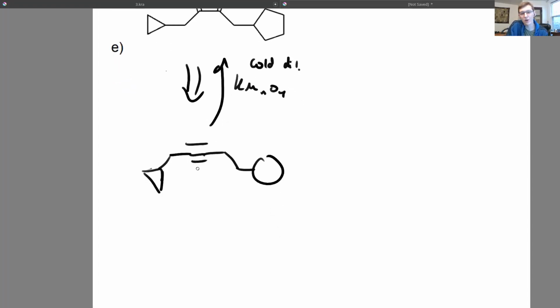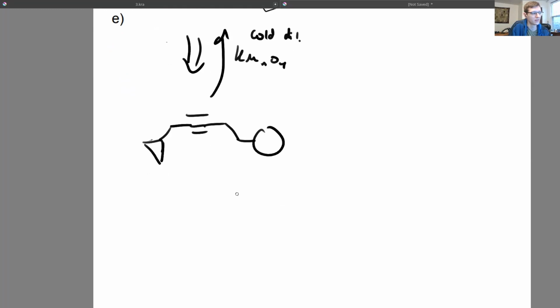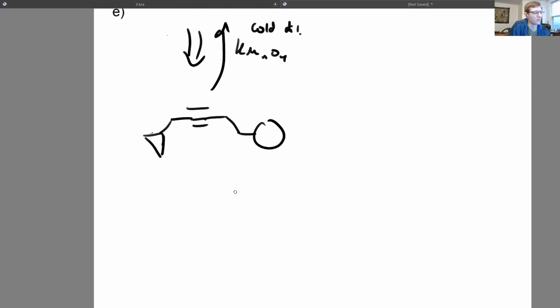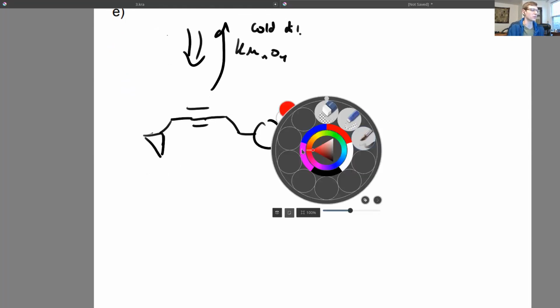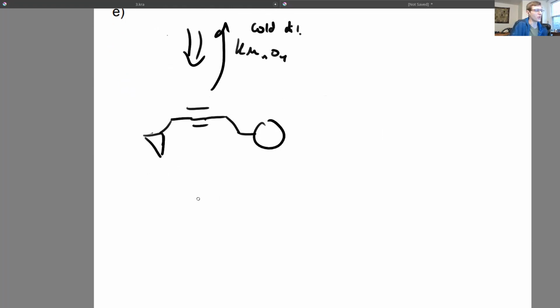Okay, and the question is, how do we make this structure here? We're going to need to do two of these, right? Why don't we just go ahead and count carbons, because we might be able to get off easy in this question. So 1, 2, 3, 4, 5, and 6 on this side.